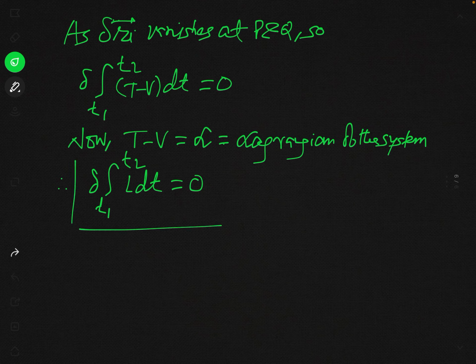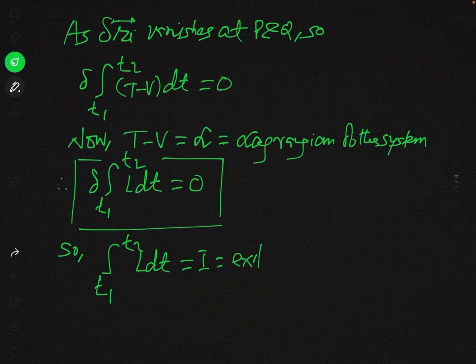And if delta of integral t1 to t2 L dt equal to 0, then you can say that this time integral of Lagrangian is extremum. So you can say that integral t1 to t2 L dt equal to I, and this is equal to extremum.